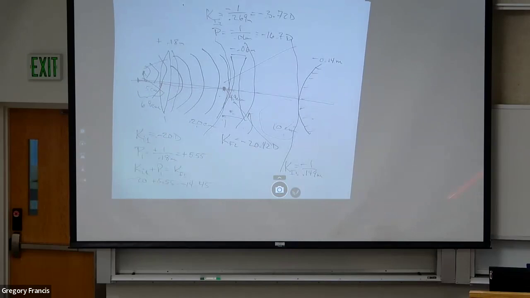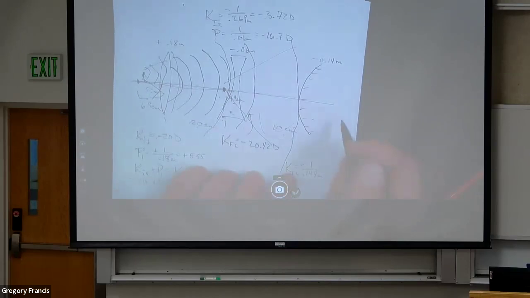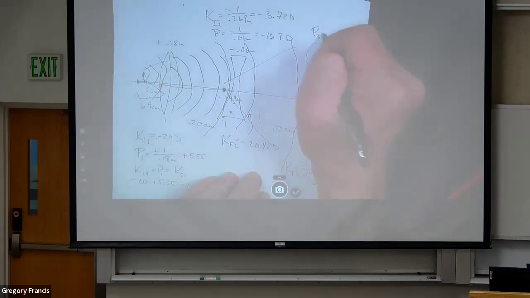And that's going to be negative 6.71. Okay, and then the power of the third one is going to be negative 1 over 0.14.